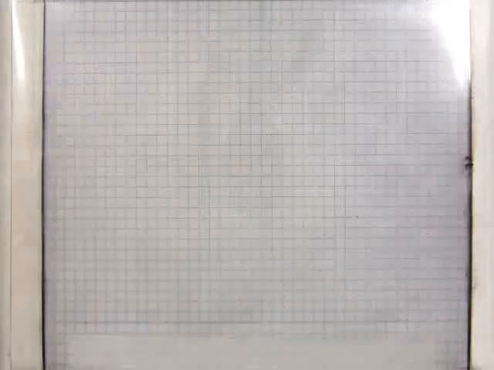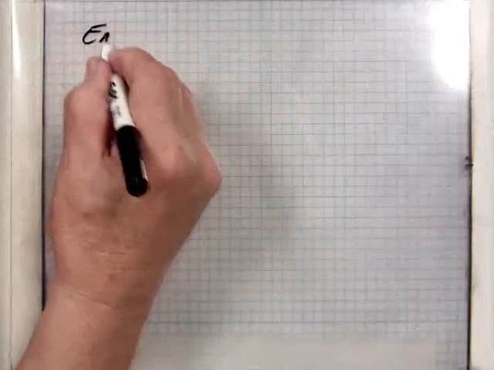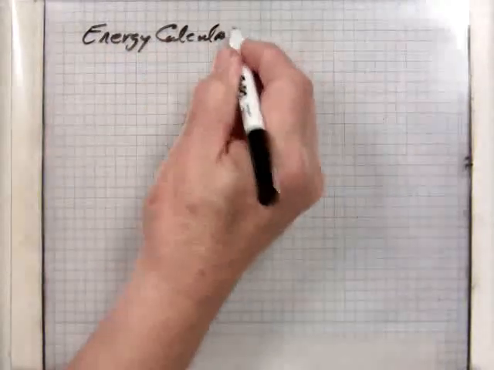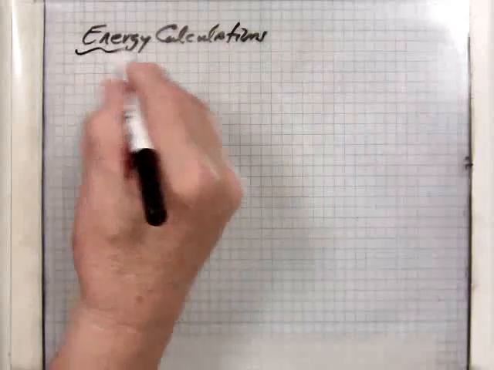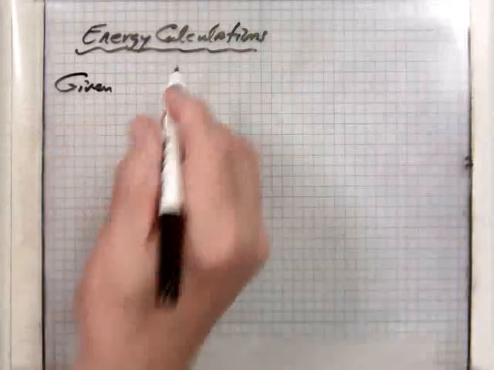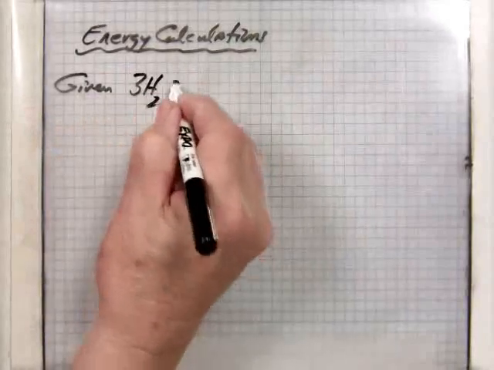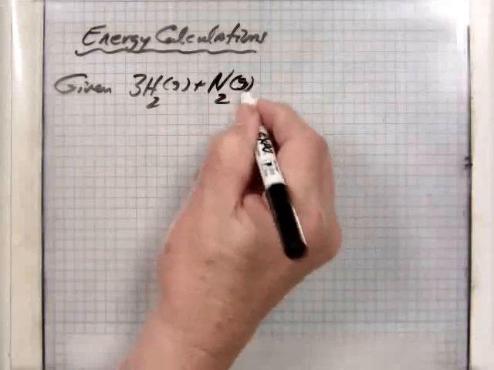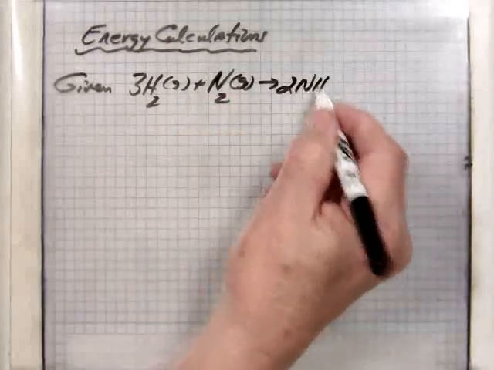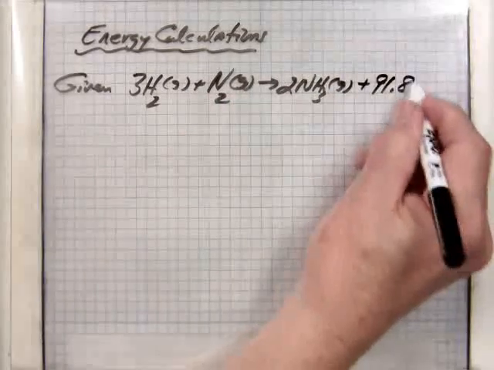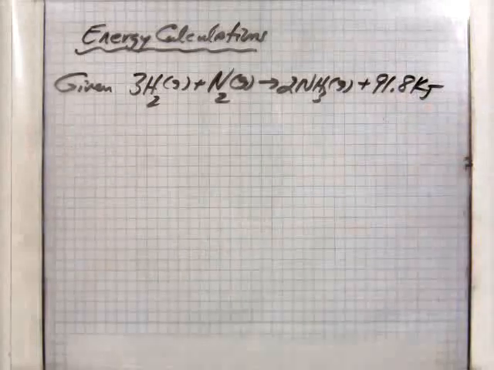Okay. Let's say you're given 3H2 gas plus N2 gas going to 2NH3 gas, and you have 91.8 kilojoules as the given equation with its energy number.